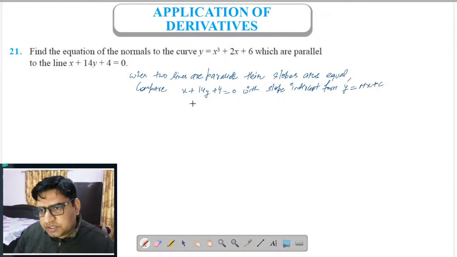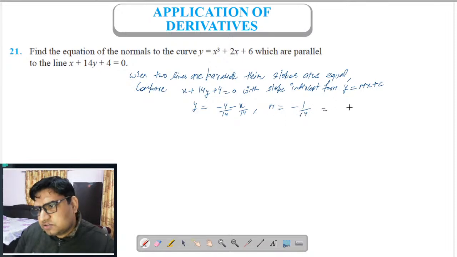So from here we get y is equal to (minus 4 minus x) upon 14. So here we get m is equal to minus 1 upon 14.